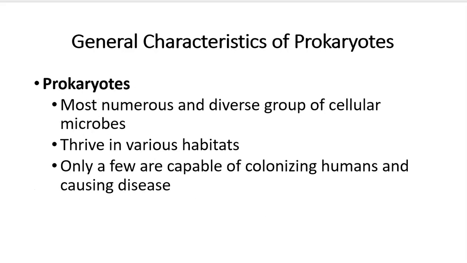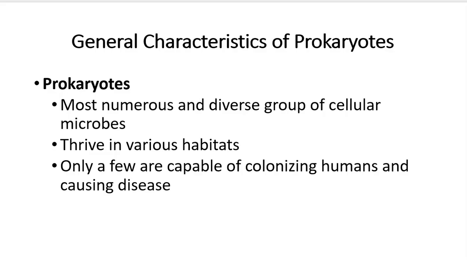So first of all, prokaryotes are very diverse and very numerous. As we talked about in the introduction, they thrive everywhere. They can thrive in a volcanic vent, in boiling hot water, hot springs, and freezing cold.